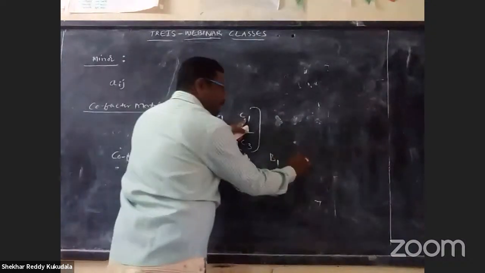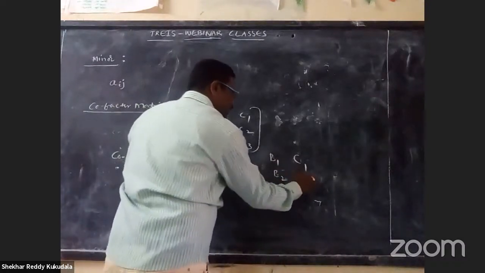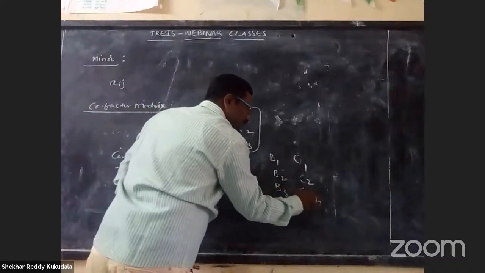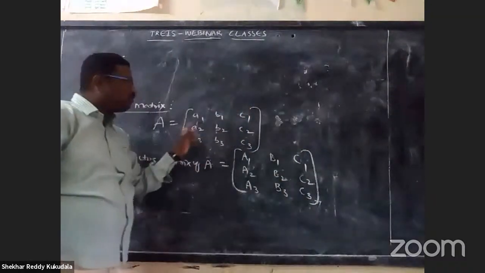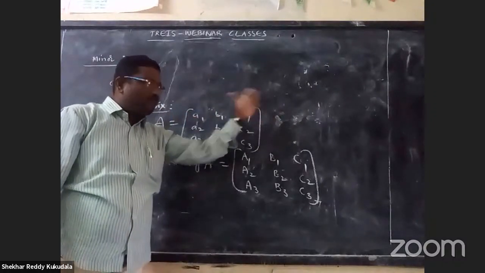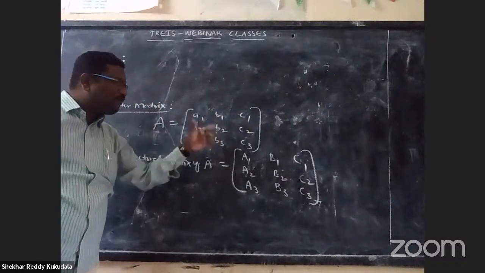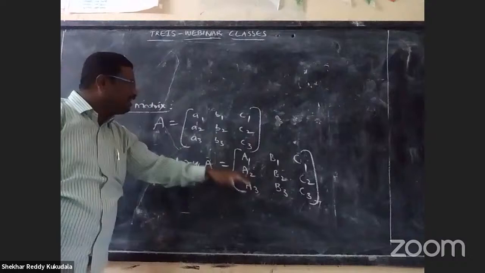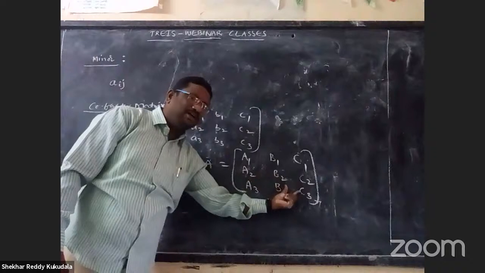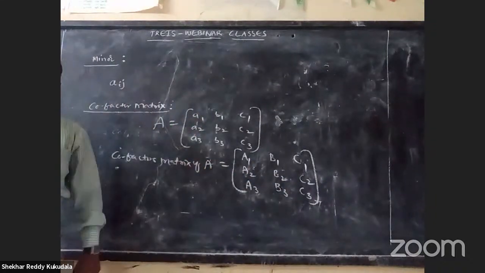Same way, capital C1, capital A2, capital B2, capital C2, capital A3, capital B3, capital C3. We need to find out the cofactor for all these 9 elements individually. Once you obtain the cofactors of these 9 elements, those cofactors are written in their respective places. Then the matrix so formed is called the cofactor matrix of the given matrix.